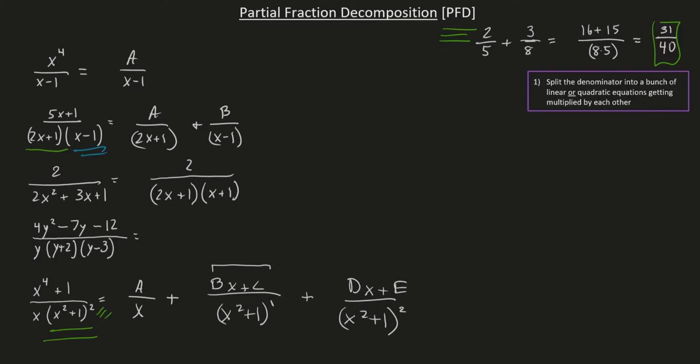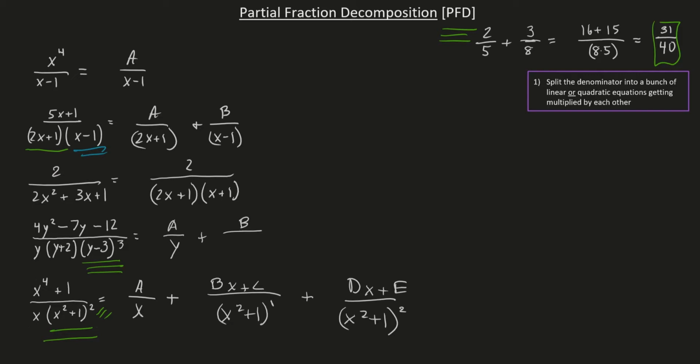And let's go to our second to last equation here, and let's show how this repeated thing happens with linear equations. Let's say this y minus 3 was not by itself. Let's say there were 3 of them. Okay, so each linear equation gets one letter. So a over y, that's the first linear equation.